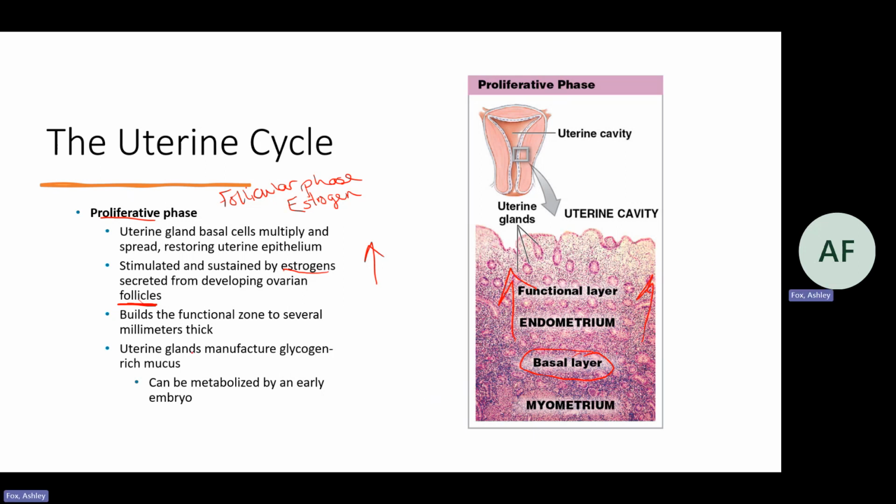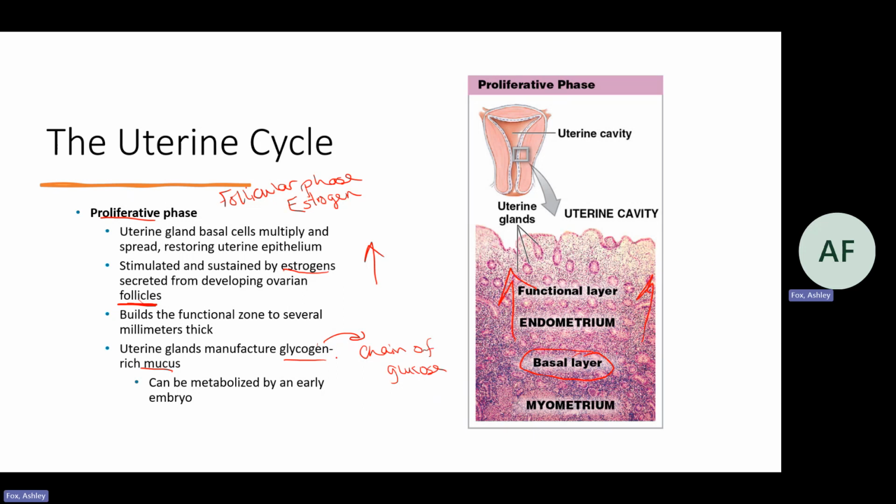We also remake uterine glands, and they start to make glycogen-rich mucus. Glycogen, remember, is a chain of glucose. We store it in our muscle, we store it in our liver.